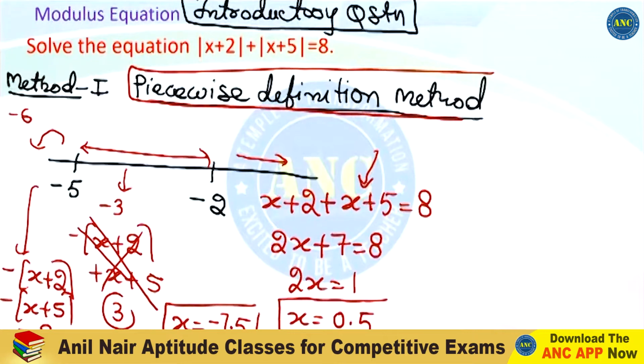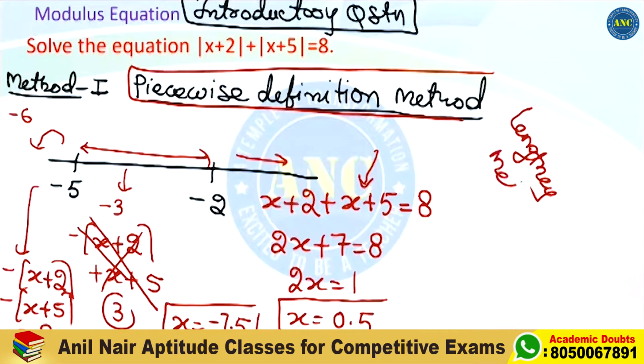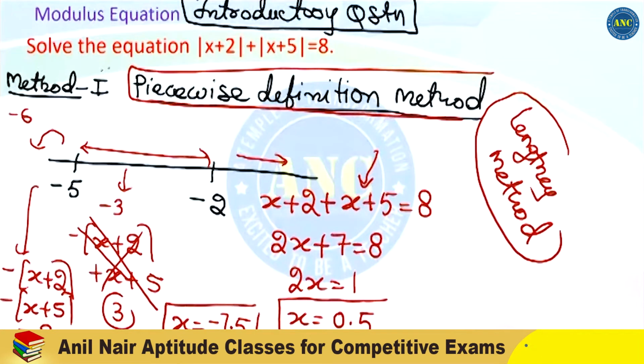If it is negative, for example minus 6 plus 2 is minus 4, mod of negative means I will get a minus sign outside. Piecewise definition method is a lengthy method. If four functions are there, you have to use the condition, check whether each is positive or negative. Since we used the definition, I wanted to tell you how it can be used.